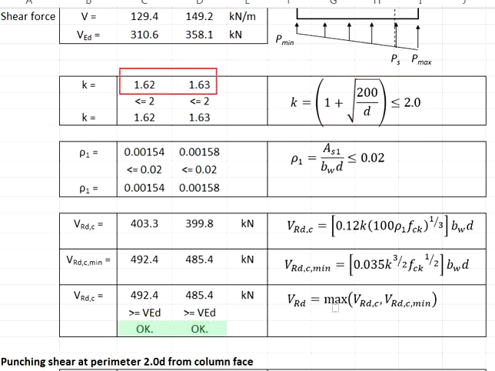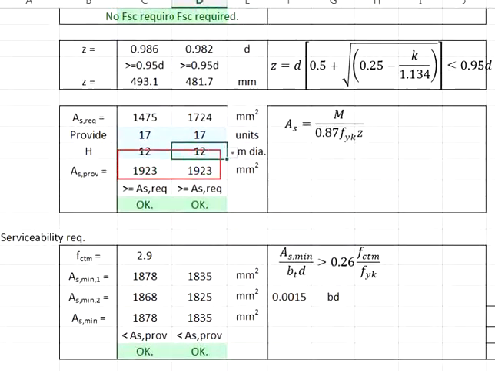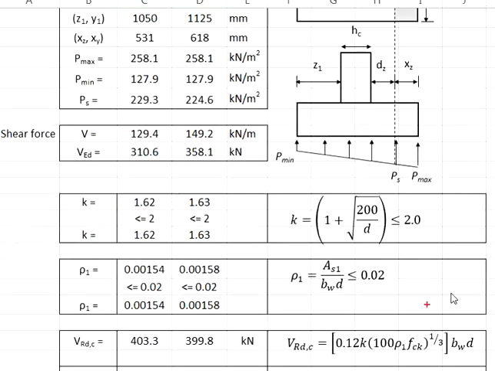The K is less than 2.0. You will use this 1.62 and 1.63. And then you find the percentage of reinforcement bars. The AS provided in the major and the minor axis are the same, which are equal to 1923 divided by BD.